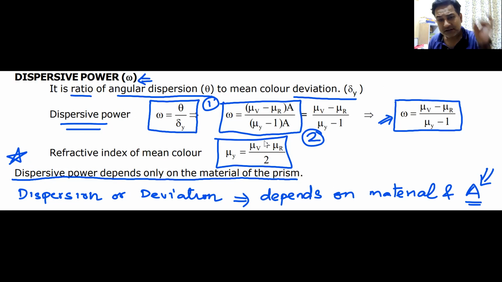Dispersive power, on the other hand, only depends on the material of the prism. Will you remember this? Can I have raised hand that we understand this?